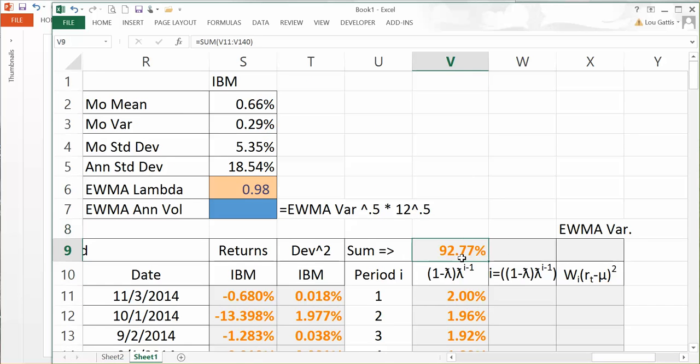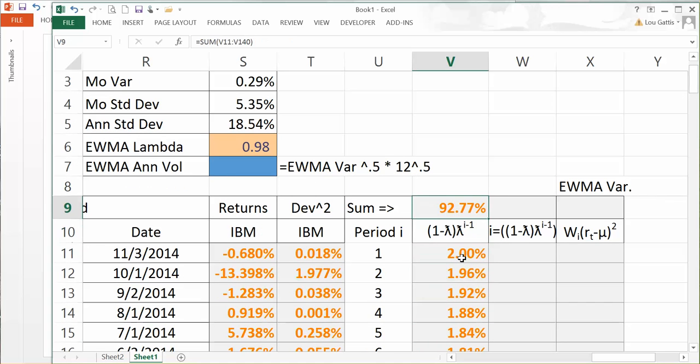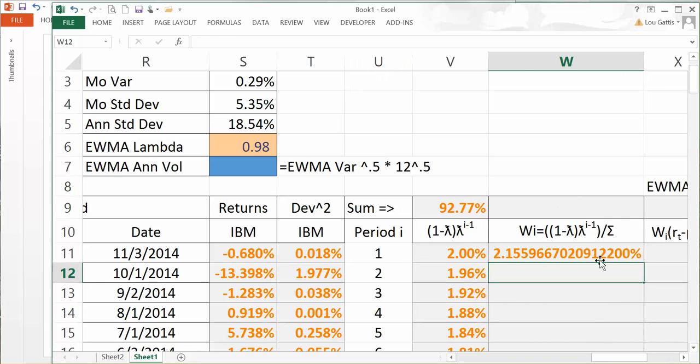They only add up to 92%. So we have to do a little trick. You never want to do a weighted average where the sum of the weights is less than 100%. Otherwise, it's going to factor down my variable. So what we're going to do is a little trick to make these weights add up to 100%. We're going to take that 2%, divide it by that sum, anchor that, put dollar signs around that sum, and copy that down.